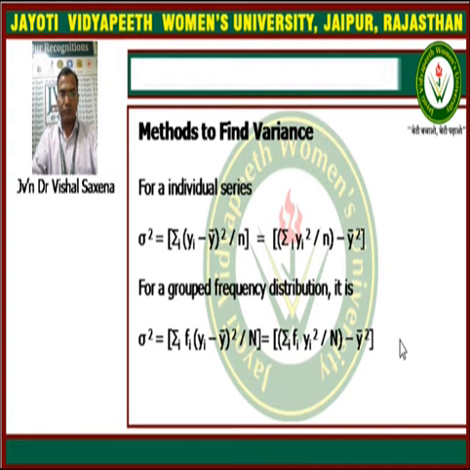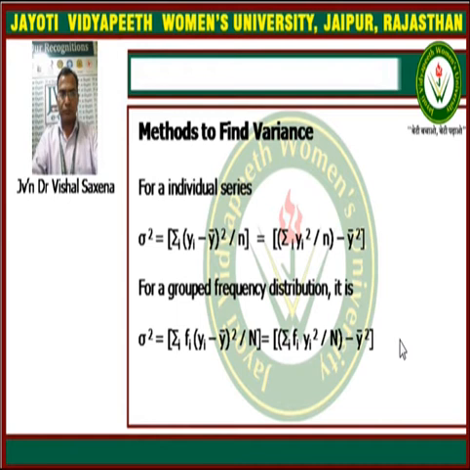is the notation for the variance, and it is defined in a similar way as in the previous slide. In the previous slide we gave the formula for the standard deviation, that is sigma, and here we are giving the formula for the variance, that is sigma square.